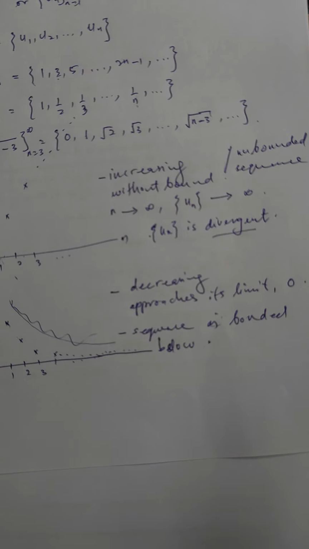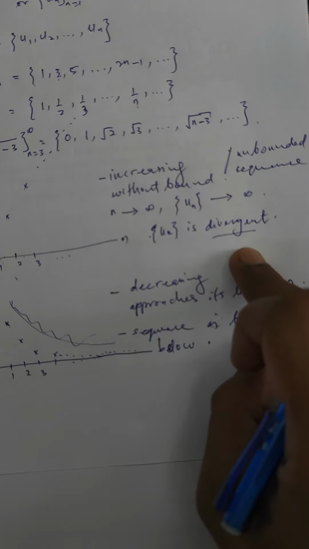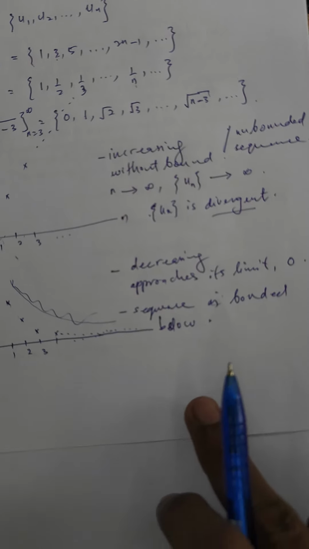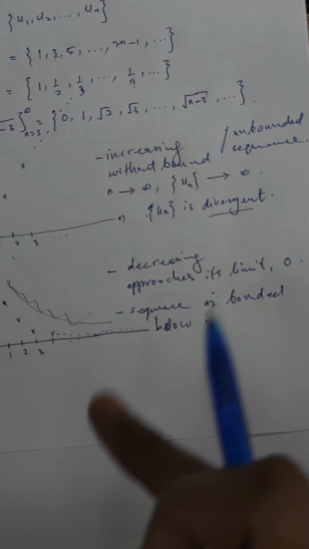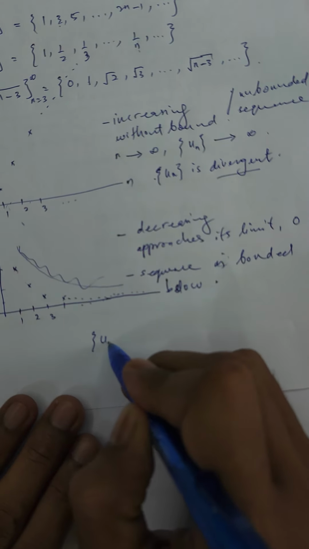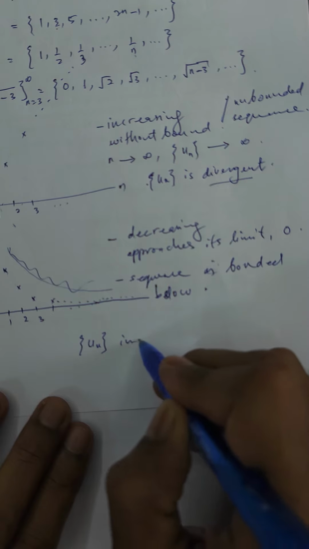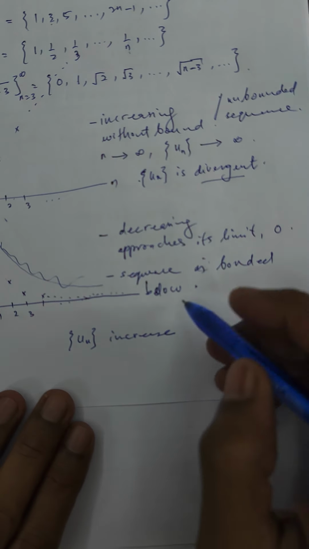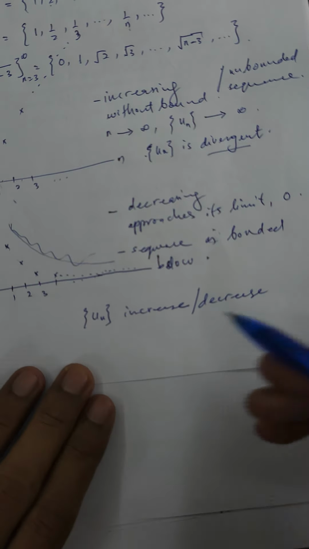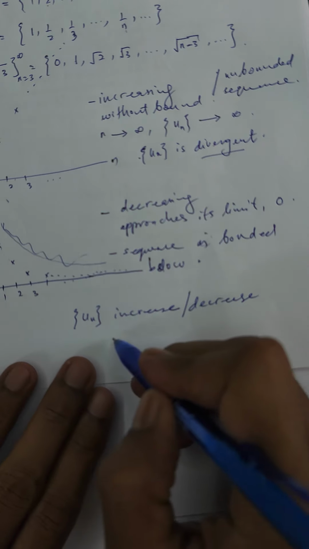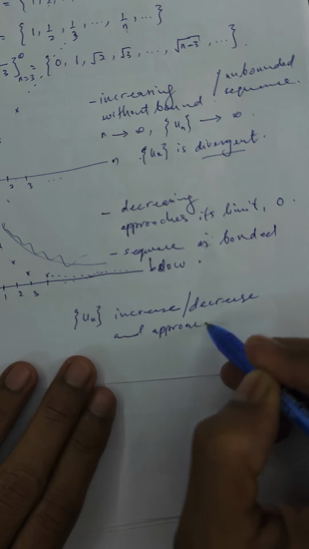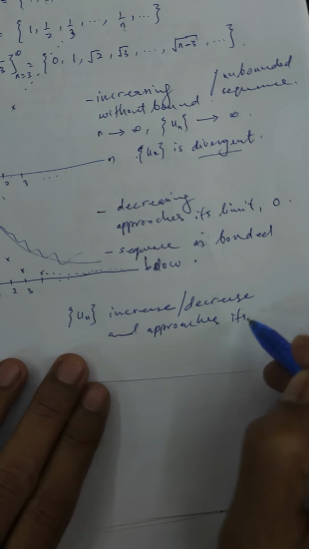Next, if we increase without bound, we call the sequence divergent. Whereas in this other case, we have the sequence un that either increases or decreases, but at the same time approaches a limit, approaches its limit.